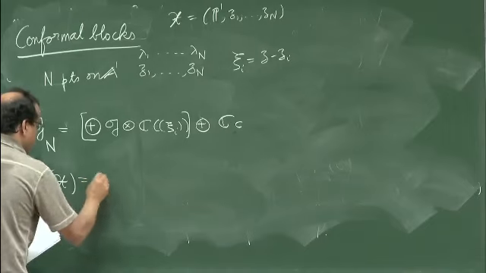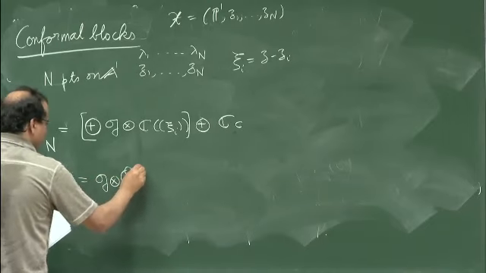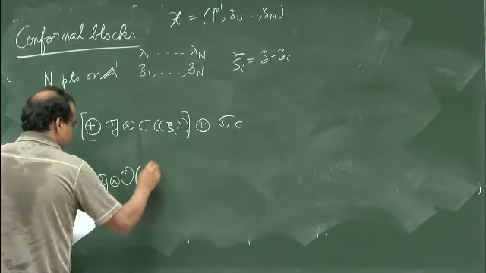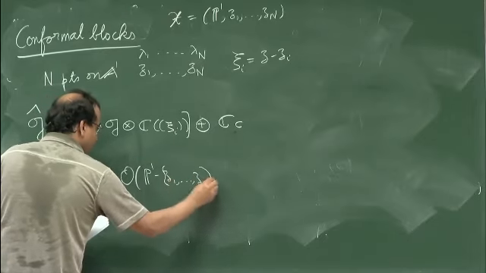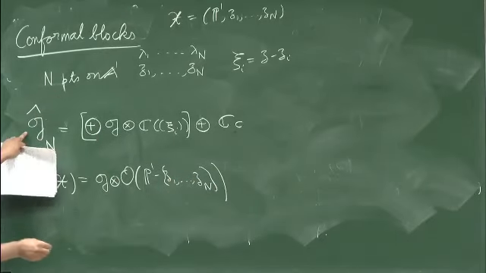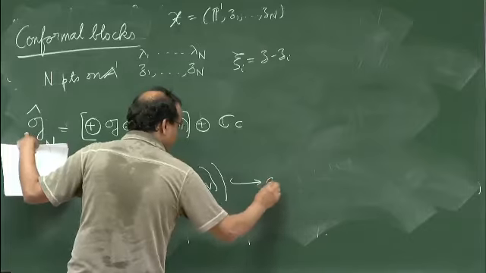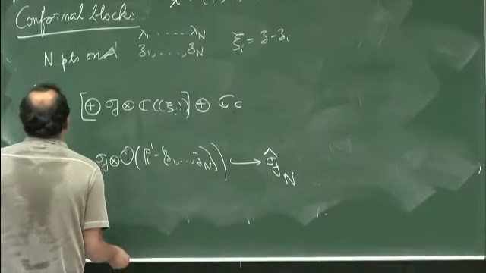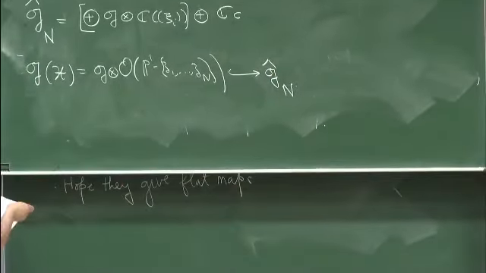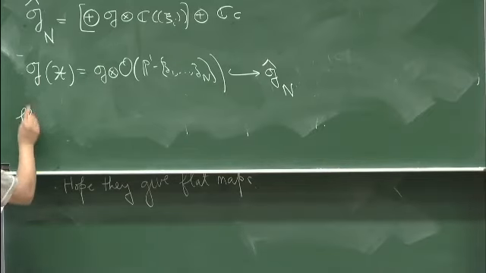So g of chi is g tensor functions on P1 minus z1 till zn, which sits inside G hat n by local expansions at each of these points. And now we also have these representations.